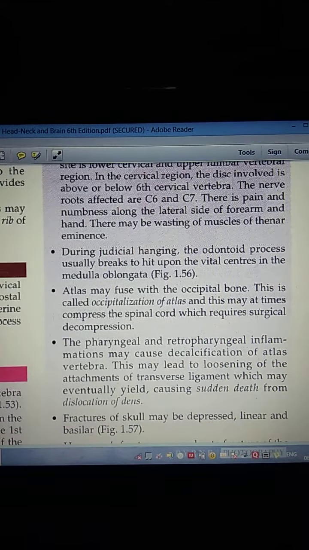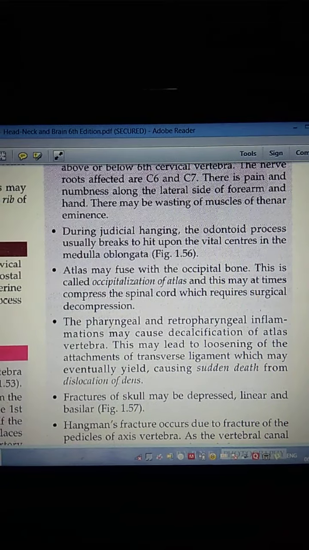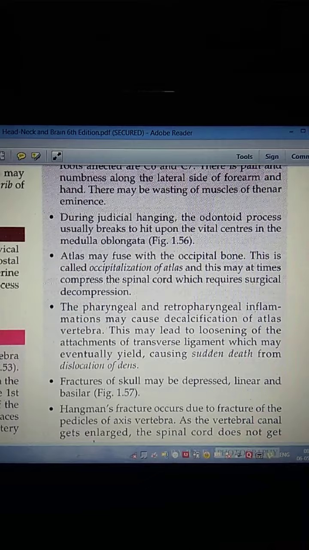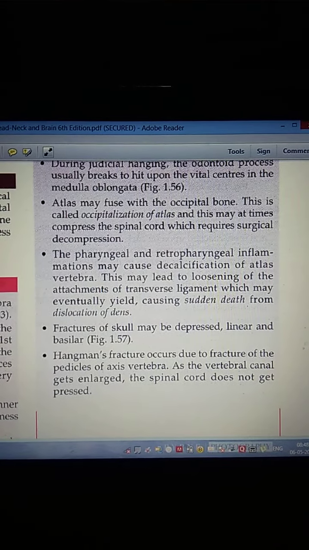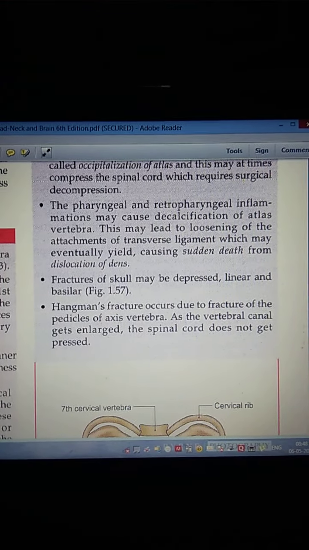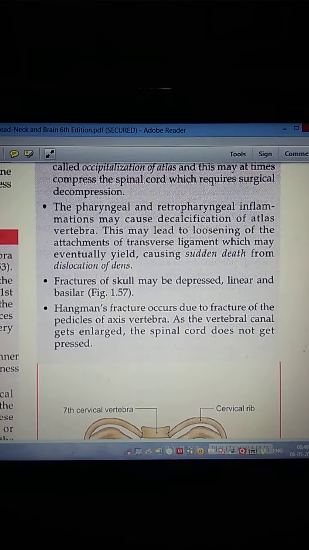During judicial hanging, the odontoid process is usually broken. The atlas may fuse with the occipital bone. Pharyngeal and retropharyngeal inflammation may cause decalcification of the atlas vertebra.